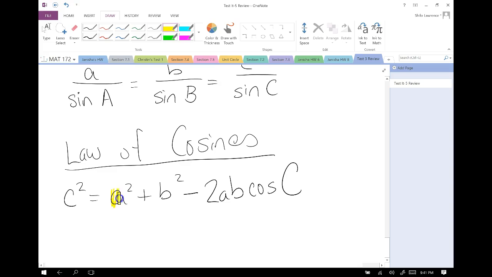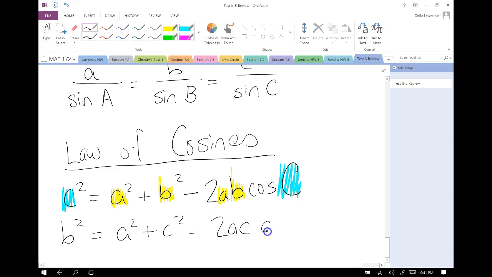Whatever 2 letters are here are going to be here. And then whatever angle is here will match the side on the other side. And you can set this equation up 3 different ways. So I can also say b squared equals a squared plus c squared minus 2ac cosine b.